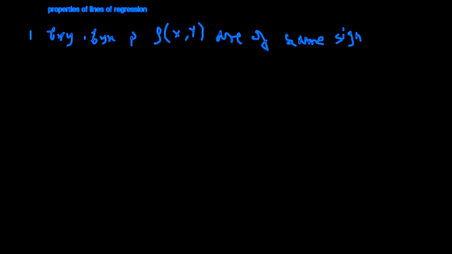Alright. So it will ऐसा कभी भी नहीं होगा कि इनकी साइन कंट्राडिक्ट करें. Alright. That is your byx is nothing else. I'm writing in short covariance upon variance x.